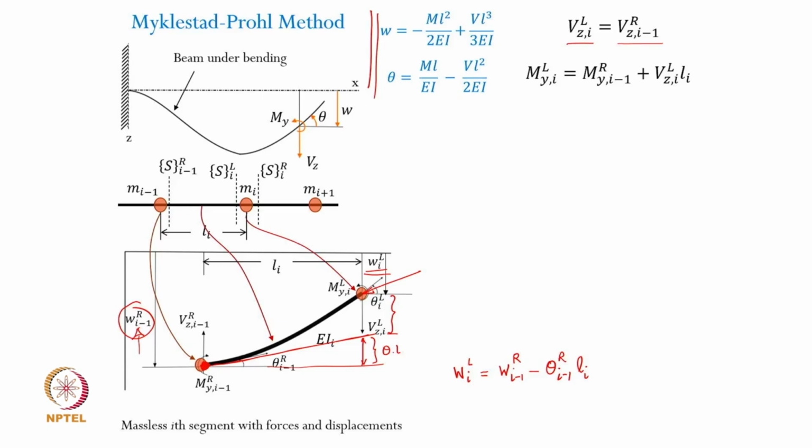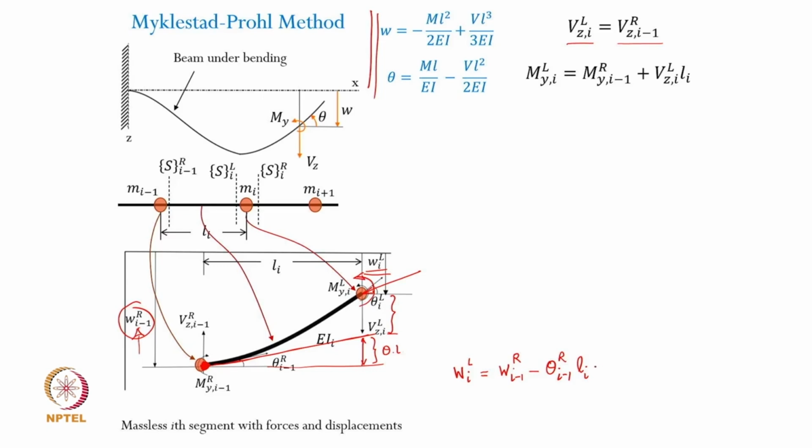Okay. So what do I do? So much of this, and then the moment is counterclockwise like this. So that moment is going to add to that deflection, I mean will get subtracted from the deflection.